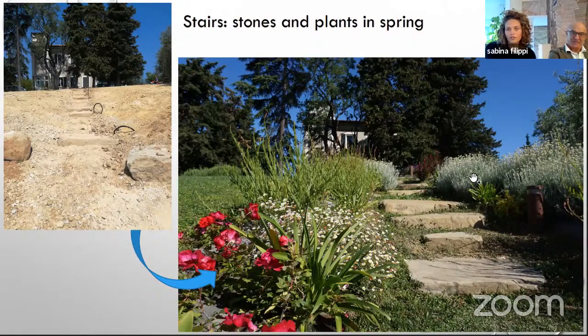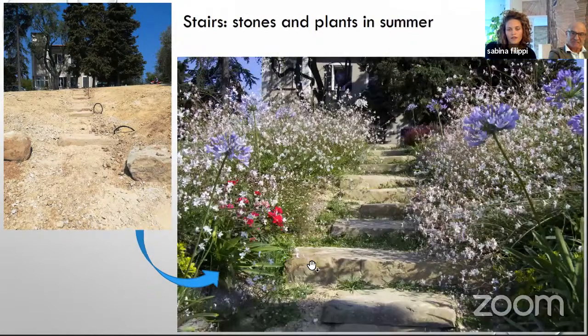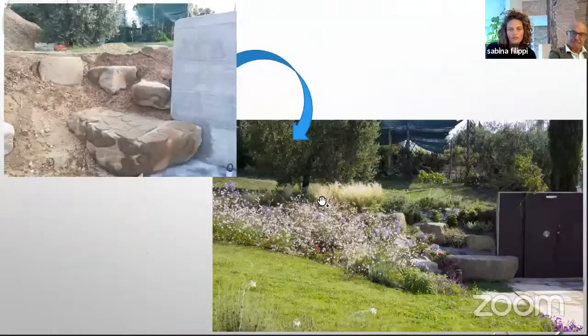So we have Helichrysum right here, and we have Erigeron in front. And in the summer, we have the blooming of Agapanthus and Gaura. So you can see how we passed from this situation to this situation.